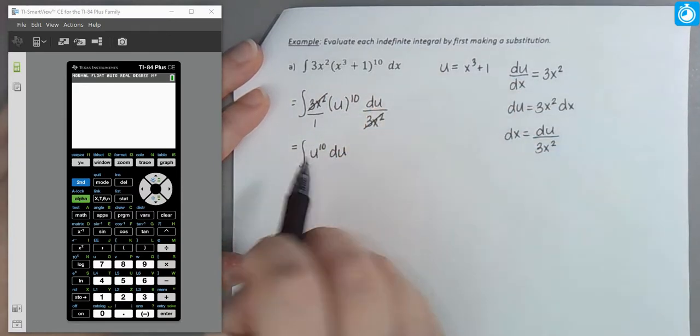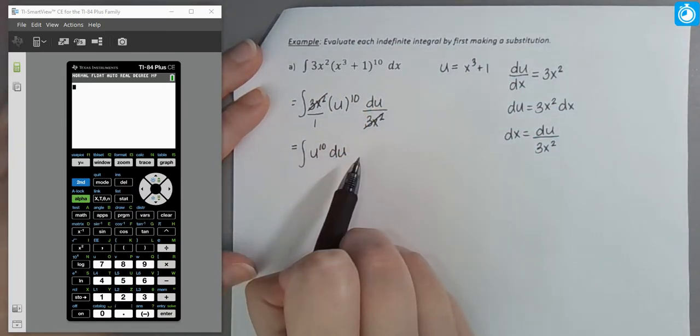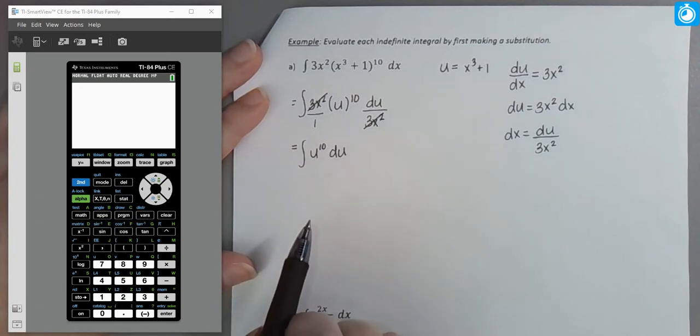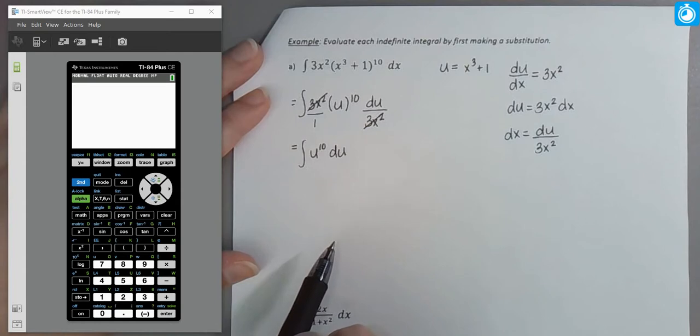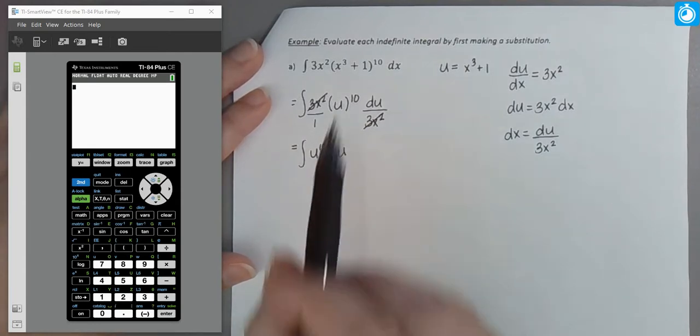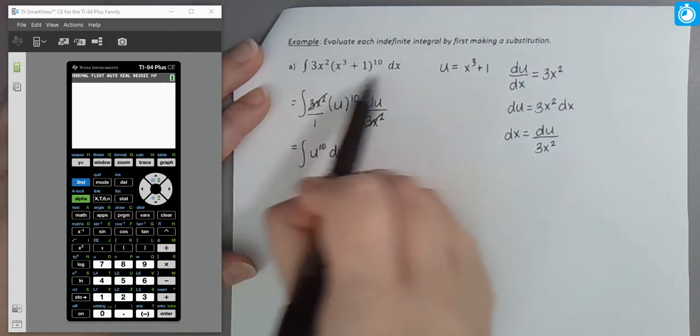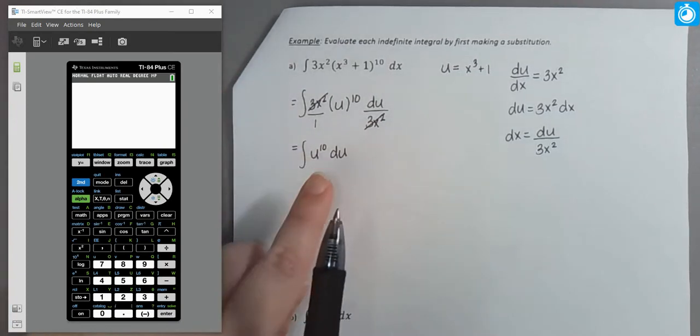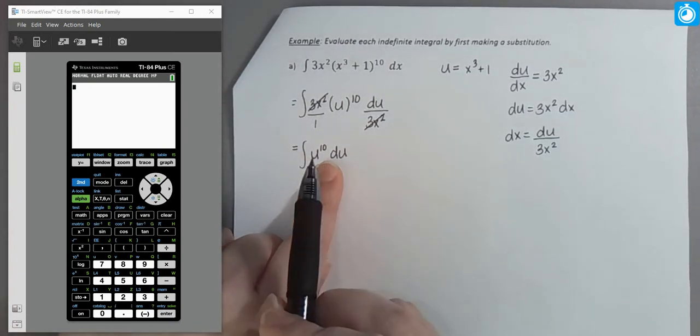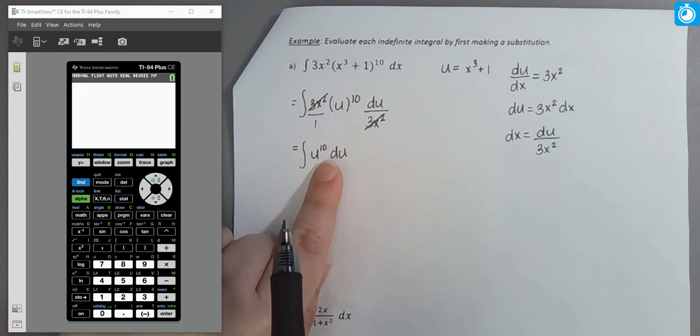In other words, a brand new antiderivative only involving the variable u. And so the goal of substitution has been achieved. The goal of substitution is to take something that looks like this, a complicated function, and simplify it down to something much simpler, something we don't need special techniques to integrate.